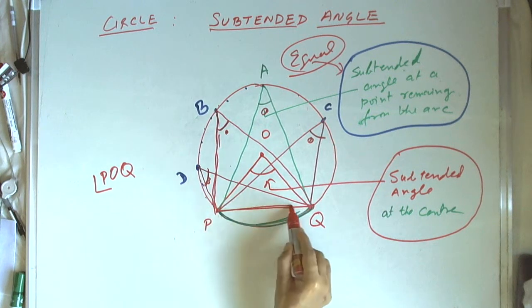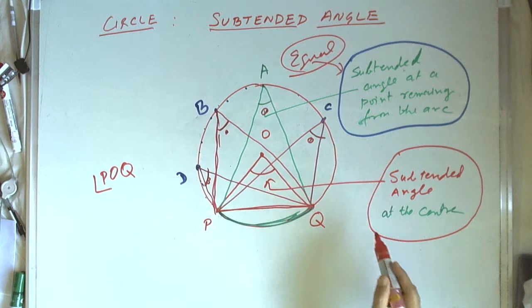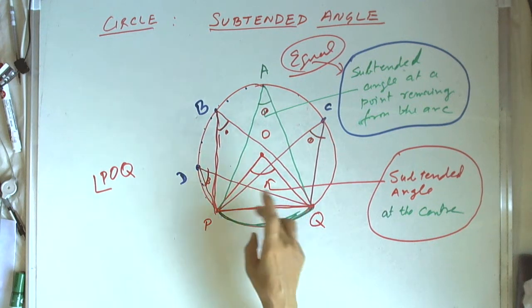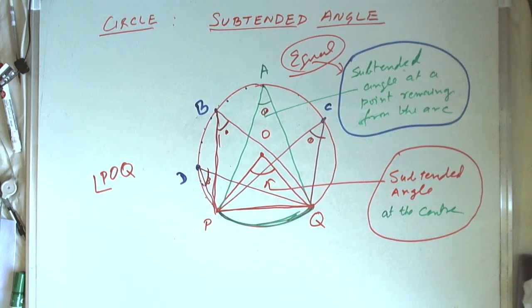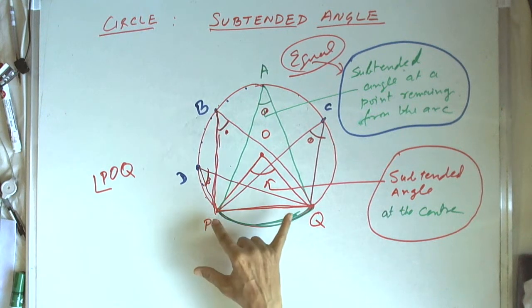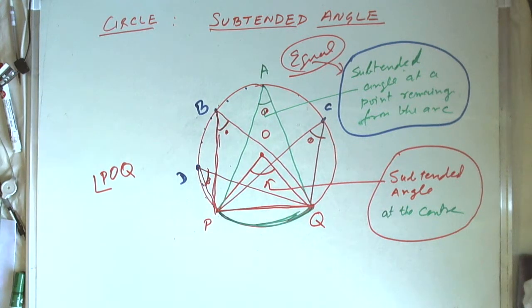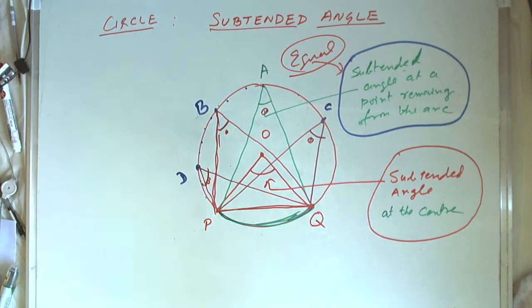and we will have almost a similar situation, that we have a subtended angle at the center as well as the subtended angle at the remaining part. The only difference is that we have to see whether we are talking of the subtended angle in the major segment or in the minor segment. So if we look at another circle, I will not remove this circle, but I will draw another circle so that you don't get confused.